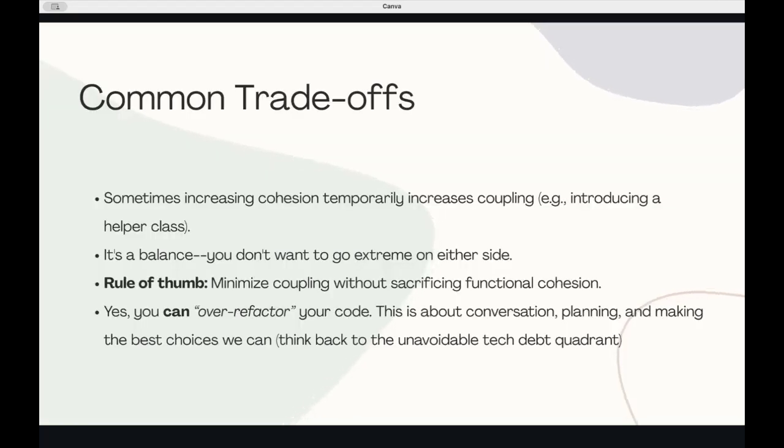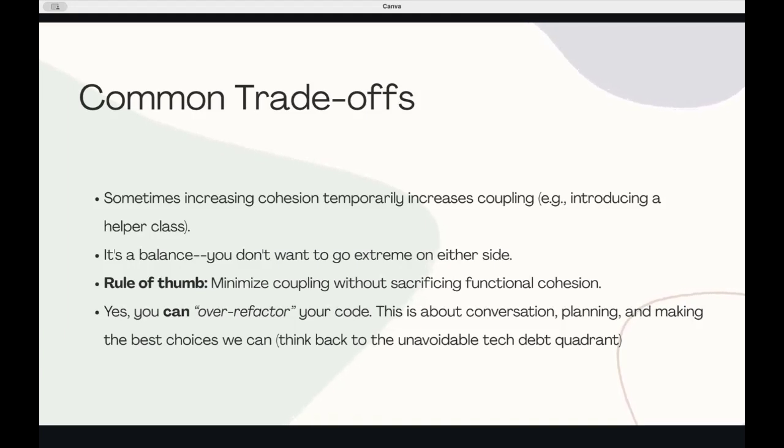So some of our common trade-offs that we really need to think about include the fact that sometimes increasing cohesion can temporarily increase coupling, right? We might introduce a helper class. And this is how we end up with those utility classes that do everything. It is a balance, and we really want to be careful not to go extreme on either side.